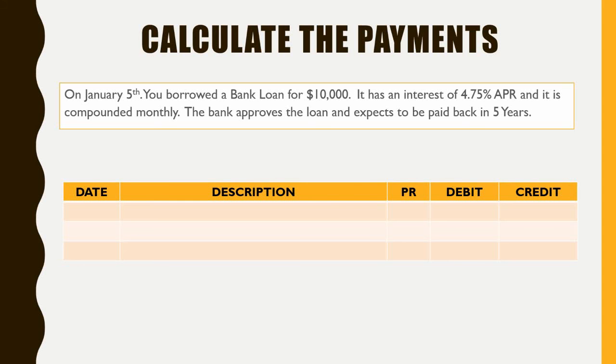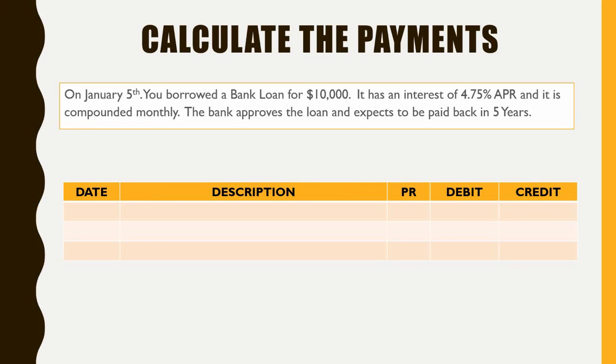So here we have the key factors: our original principal of $10,000, the interest rate of 4.75%, and the compounding, which is every month, which is 12 times. We also have the key factor that this loan is meant to be paid in 5 years. 5 years times 12 months gives you a total of 60 months to pay off the entire loan.